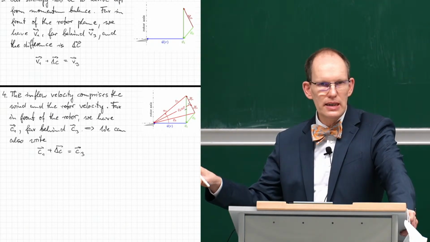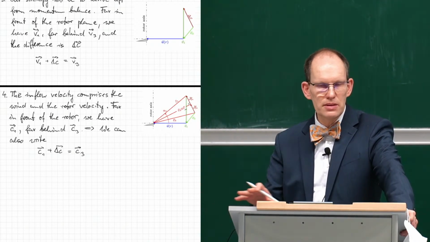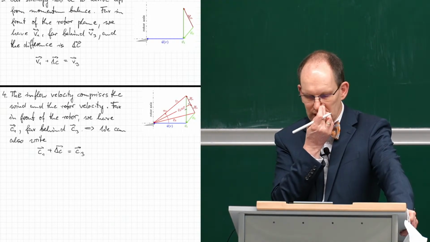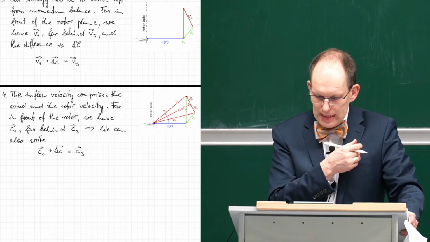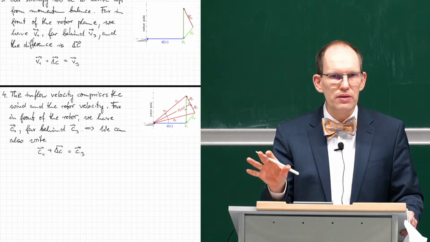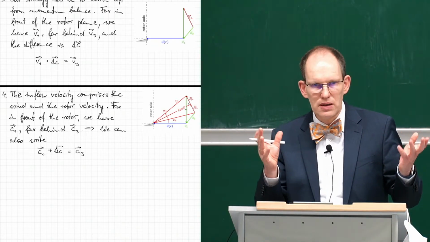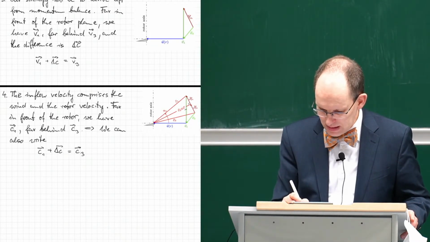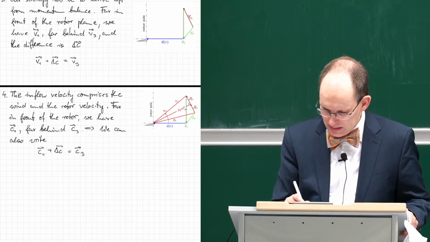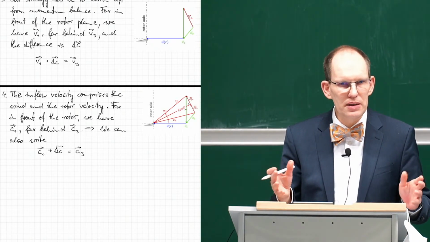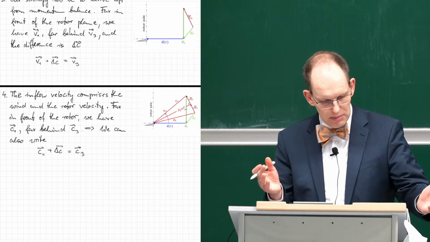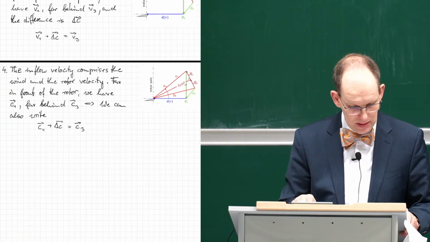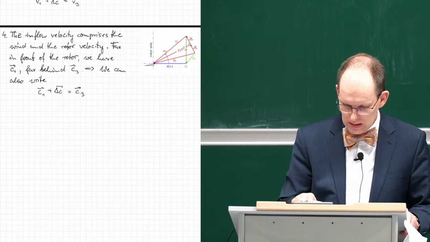We'll later derive a formula that justifies this, at least I hope so. But we work with this certainly reasonable assumption that C2 is something in between C1 and C3, to be specific, the arithmetic mean.